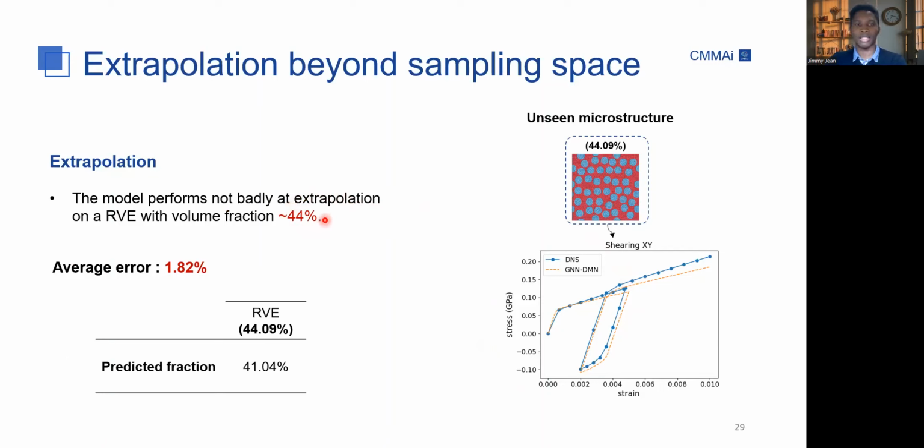Here we see that it extrapolates not very badly on this RV, which has a volume fraction of 44%. But the results are not as good as the interpolation results, which is understandable because we're working outside of the sampling space. This is the same for the online prediction, which is not as good as the interpolation results, but this is an understandable result.